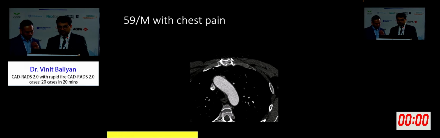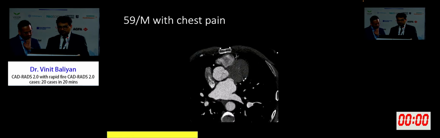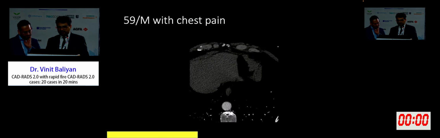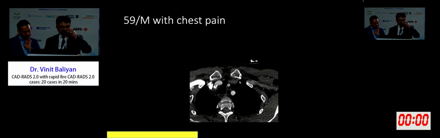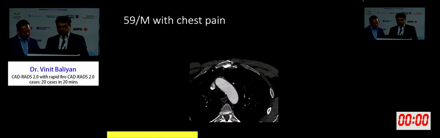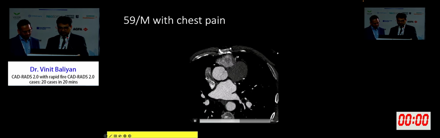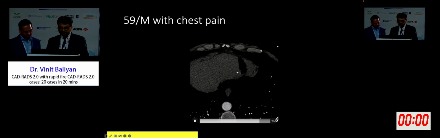Alright, another patient, 59-year-old male, history of coronary artery disease and prior sternotomy. What is the CAD-RADS? And what is the most important modifier here? There is a LIMA which looks patent, but there is another graft that goes to the RCA which looks out.